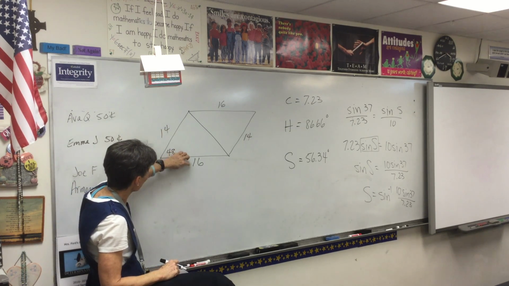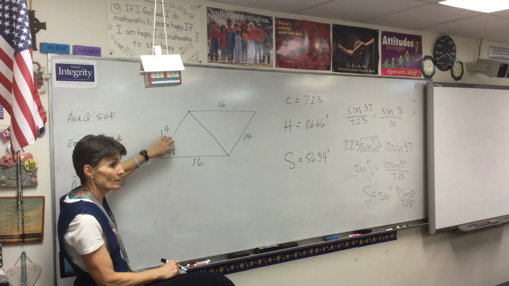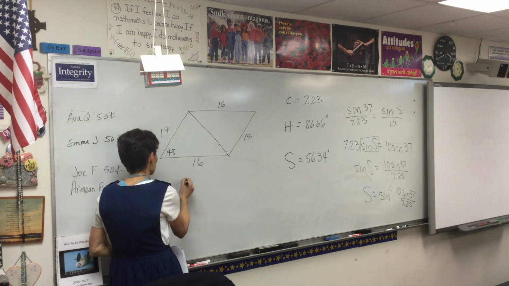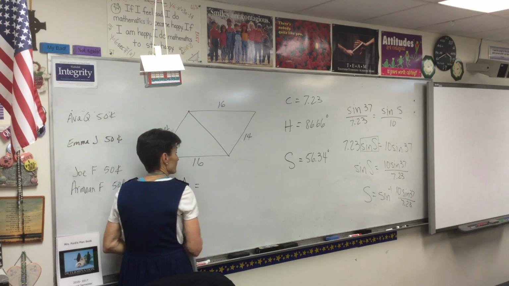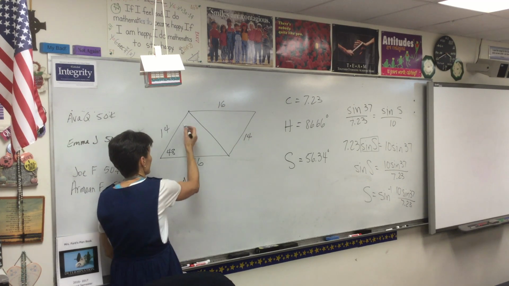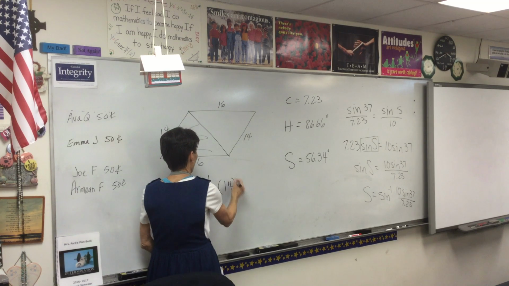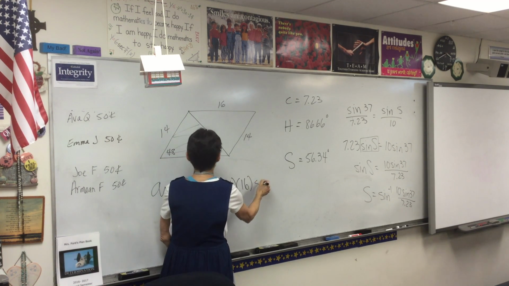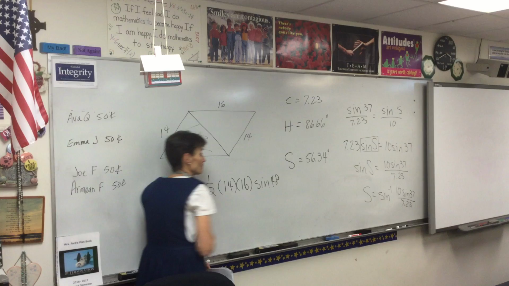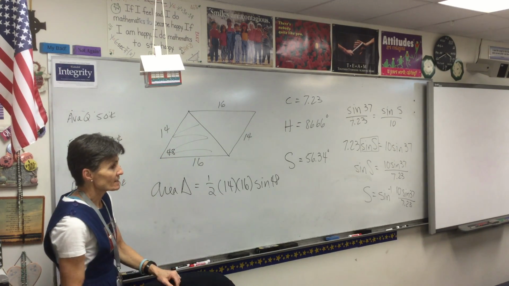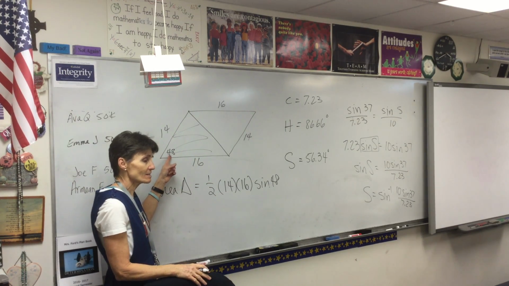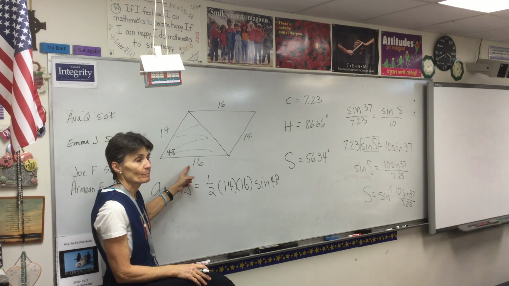Don't I have 2 sides and the included angle? So the area of the triangle, not the answer to the question, is 1/2 side, side, sine of the included angle. Remember, when you use 1/2 side, side, sine, the angle has to be between the sides.